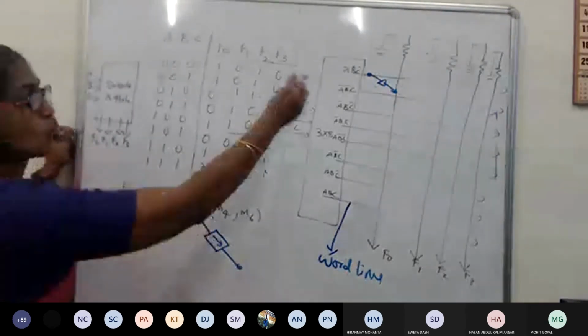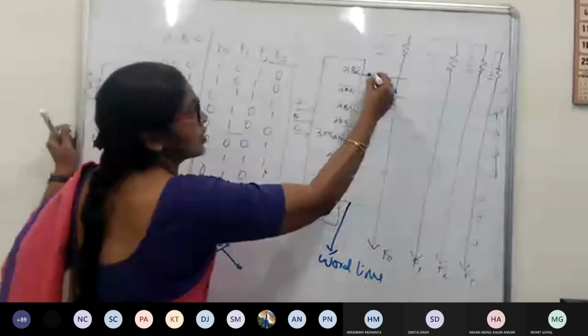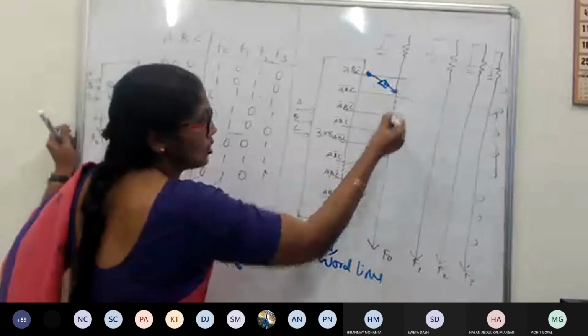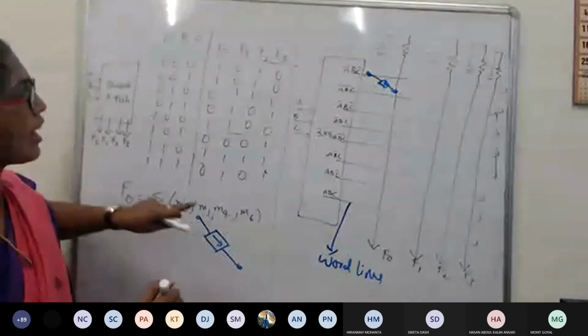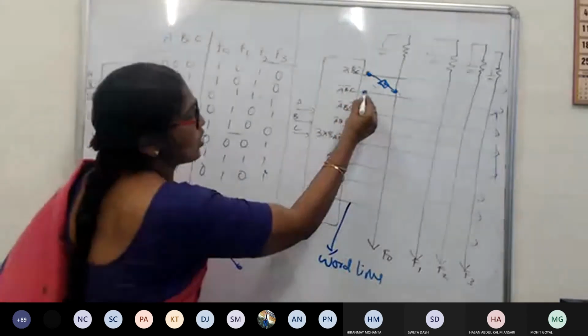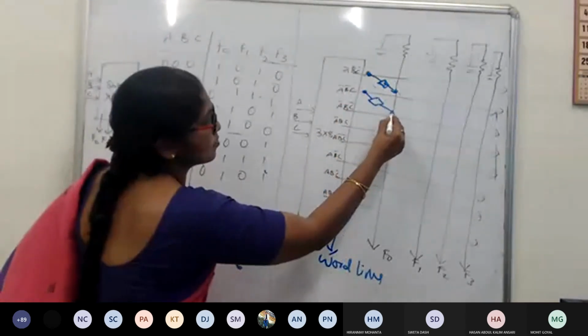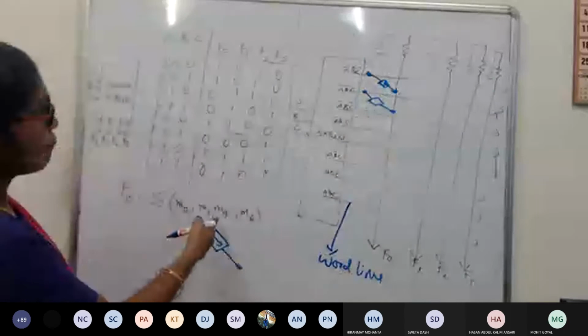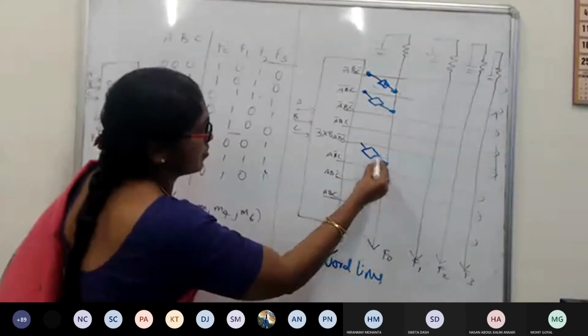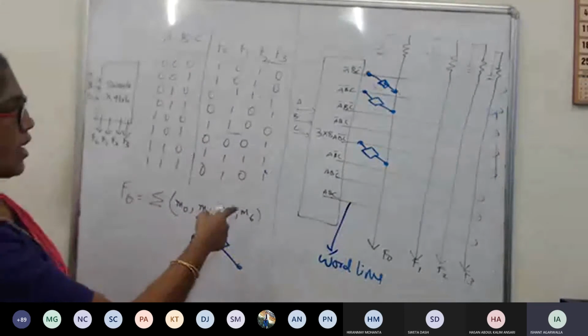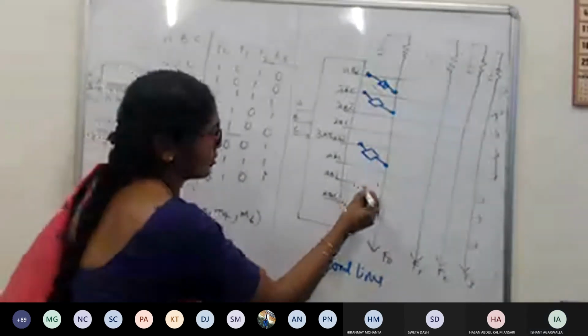It is connecting this to F0. Now M0 is there. M1 line is also connected. This word line is also connected. Then the M4 line is connected. Then who else is there? The M6 line is connected.